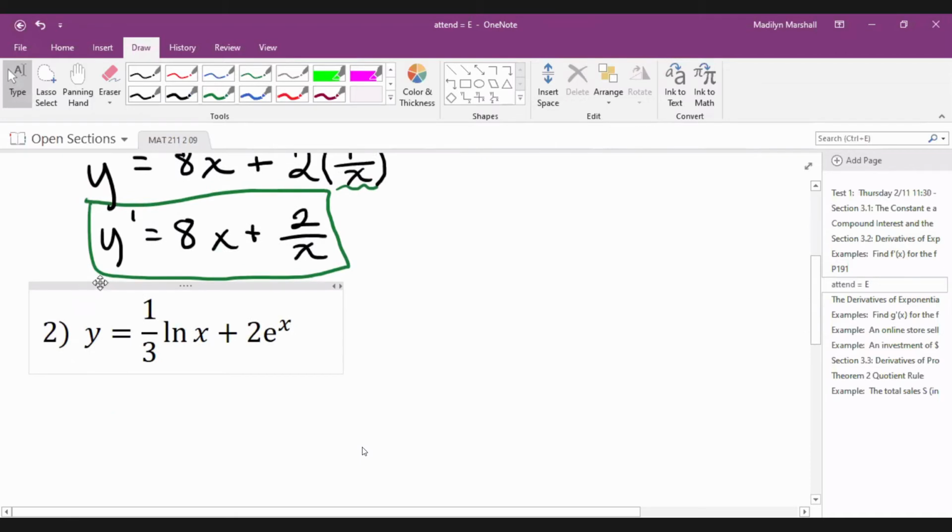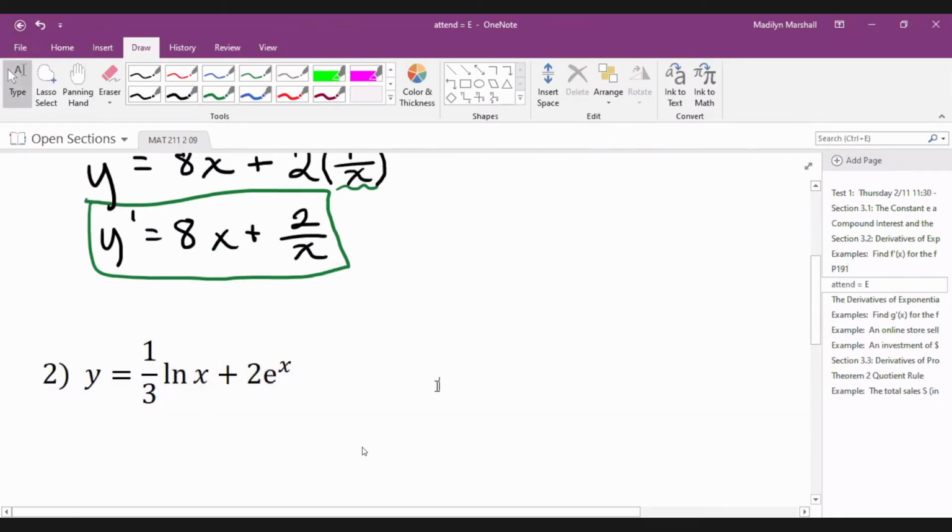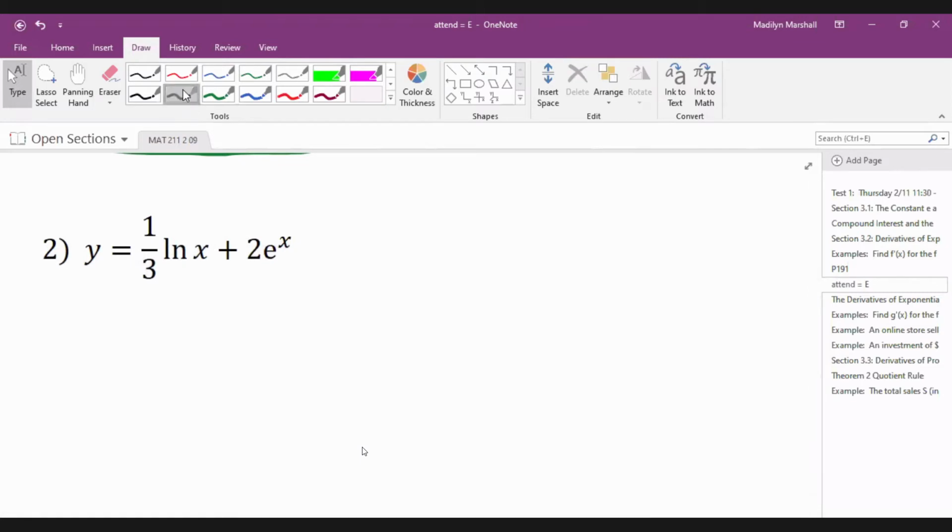So let's do another one. Now we have natural log and e in the same problem. So let's do this first one in parts again.